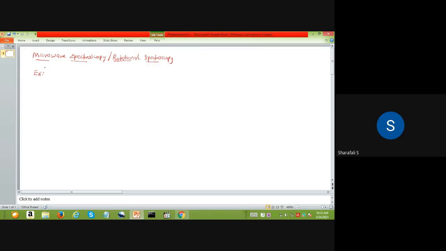The first line, that is the J equal to 0 to 1 transition in the rotational spectra of carbon monoxide, is found to be 3.842 centimeter inverse.